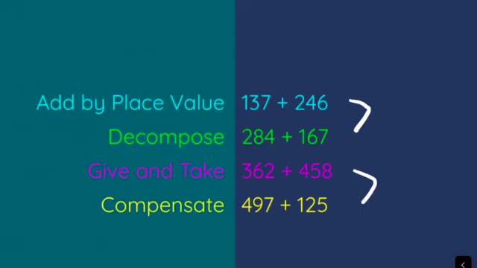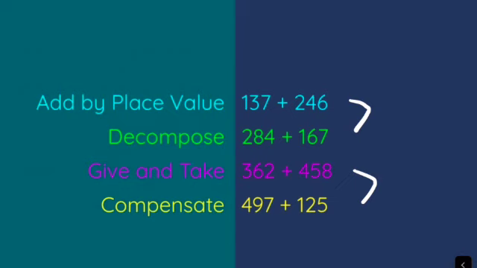They're similar but different. Adding by place value and decomposing, they're similar in that we're chunking the number. We're adding up that number by chunks. For adding by place values, those chunks are based on the place values. For decomposing, we have a little more autonomy in how we're chunking or breaking up that number, okay?